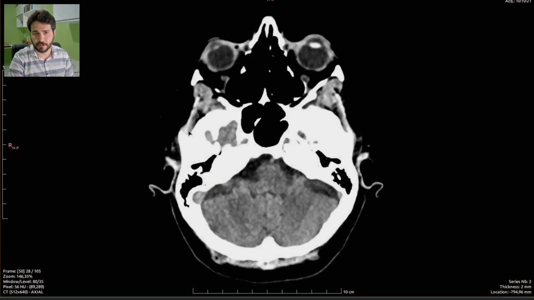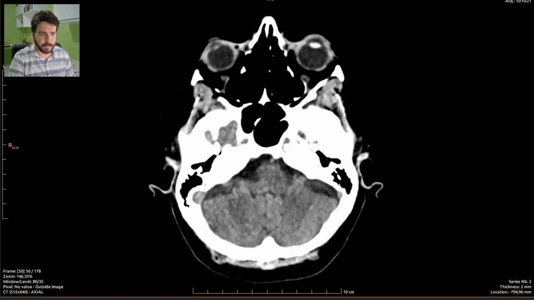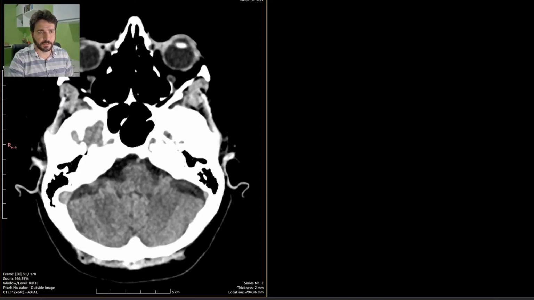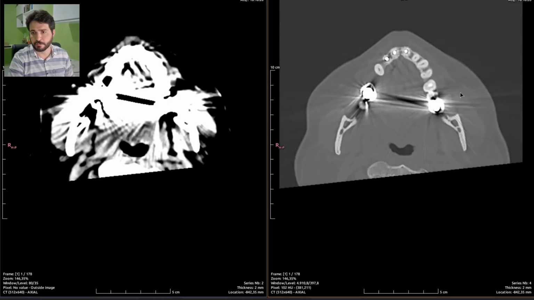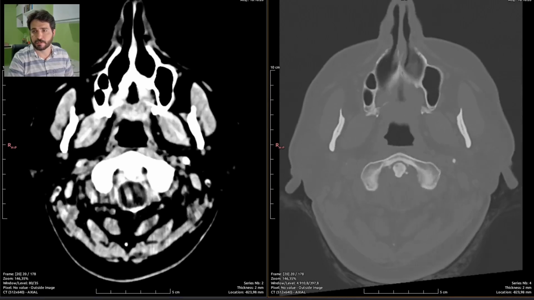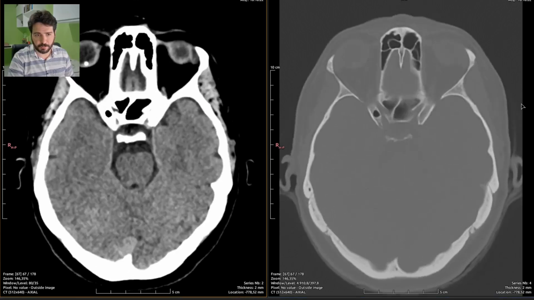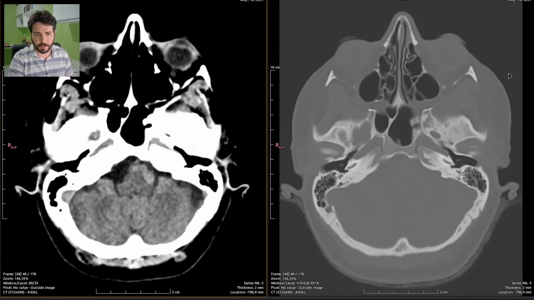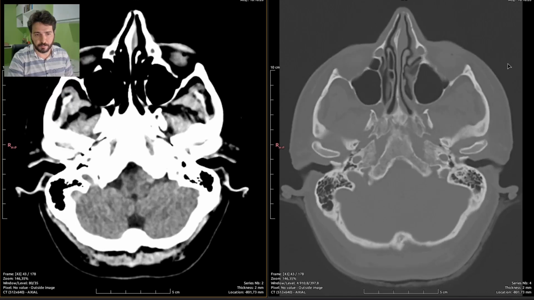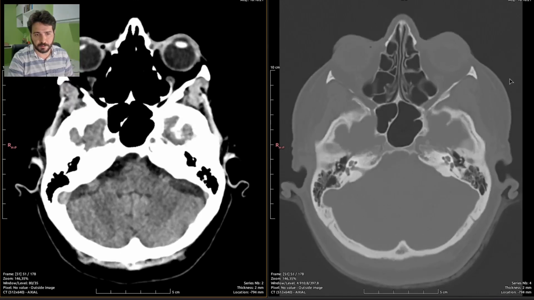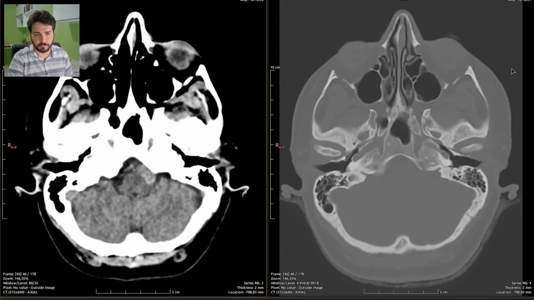If it proves to be a stroke in itself. So we have here a brain parenchyma window and a bone window. So we are also going to check a soft tissue window just to be sure and avoid making a terrible mistake. So there is something very odd right here.